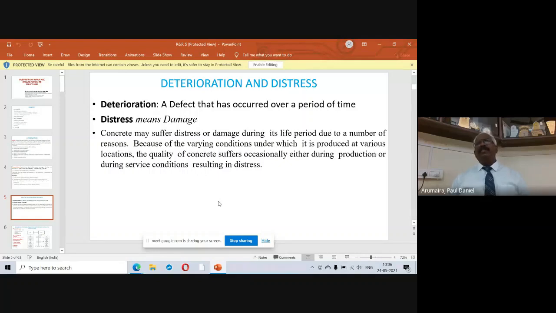But nowadays what I find, I just want to recall, any building that is being constructed shows some distress many times during the construction itself, or sometimes immediately after the construction, and sometimes after several years of the construction also.